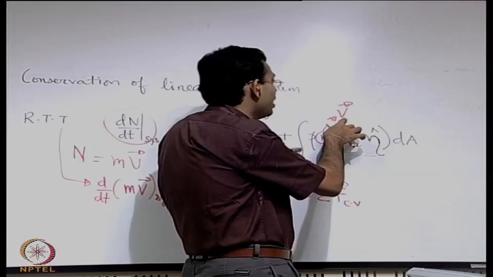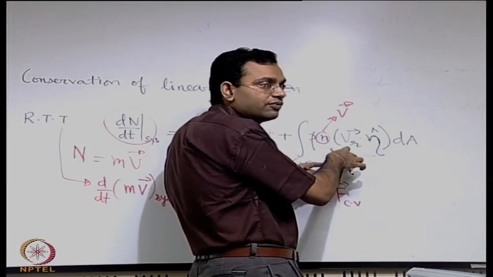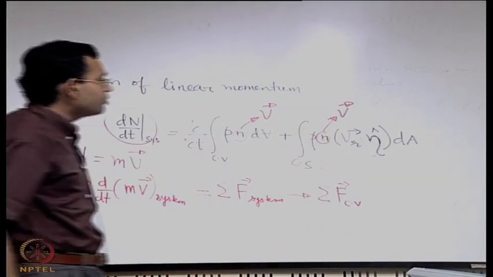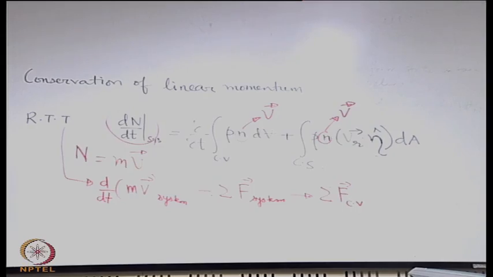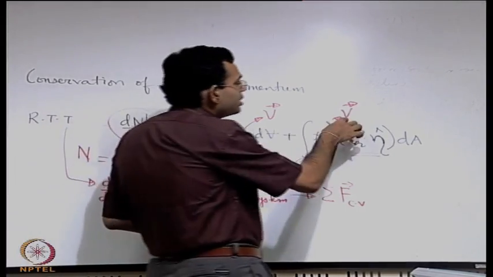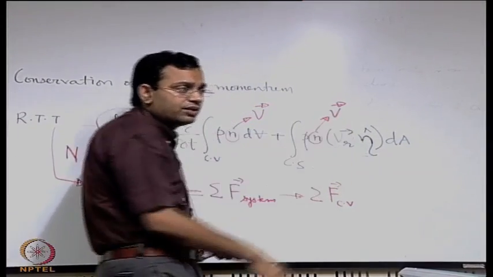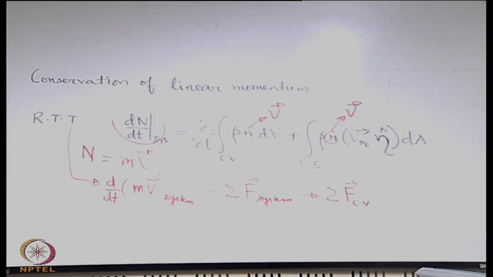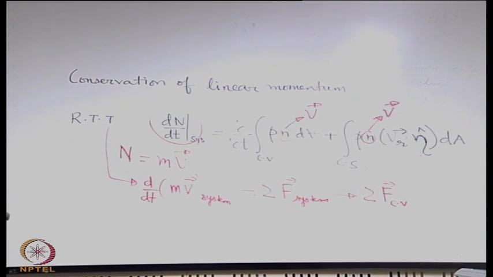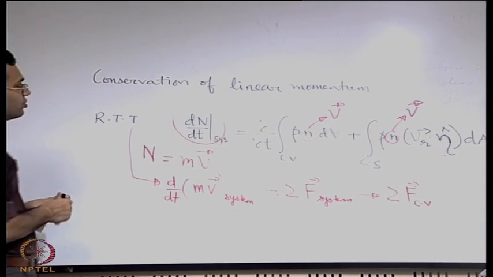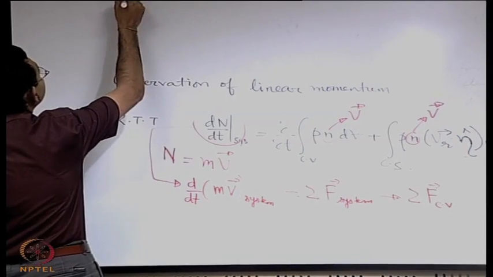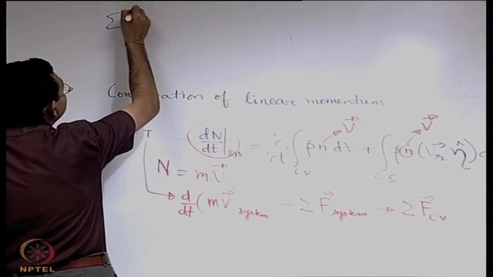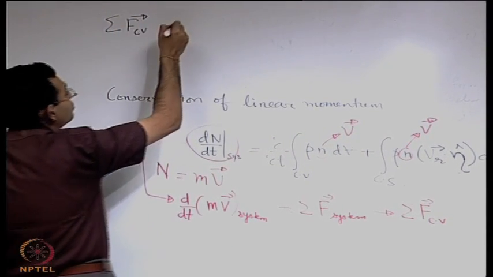So here it will be absolute velocity, here it will be relative velocity, and that we will keep in mind. When it is a moving reference frame this will also change to relative velocity, that we will see. So the statement of Newton's second law here boils down to an expression for the resultant force acting on the control volume.